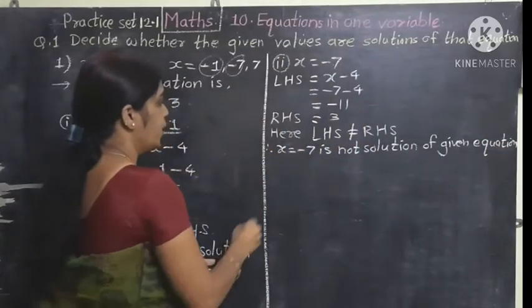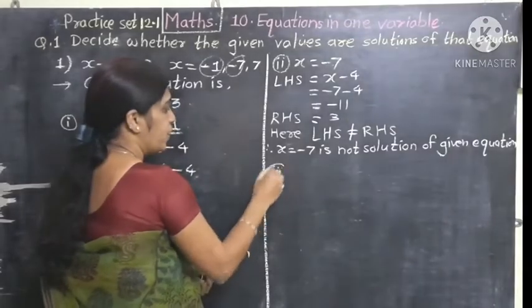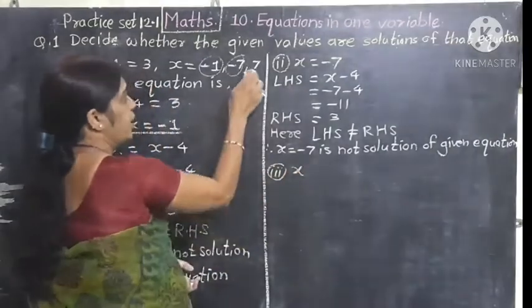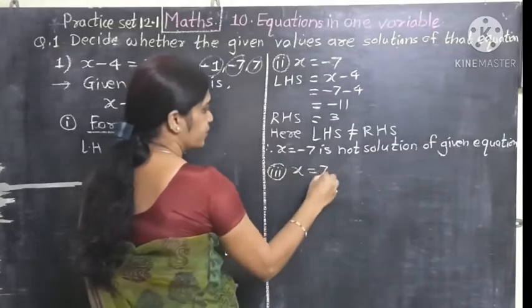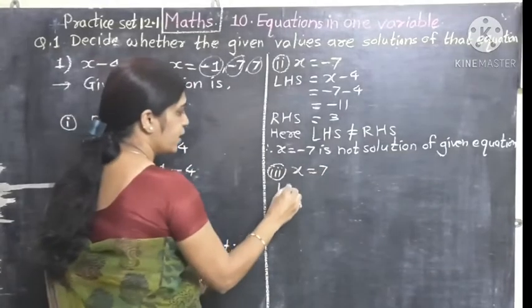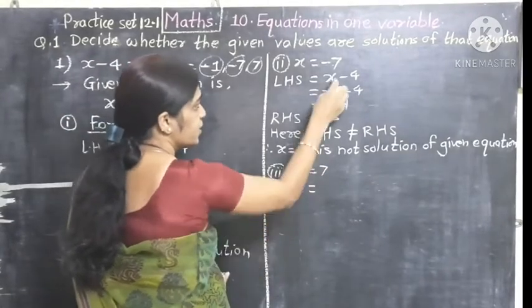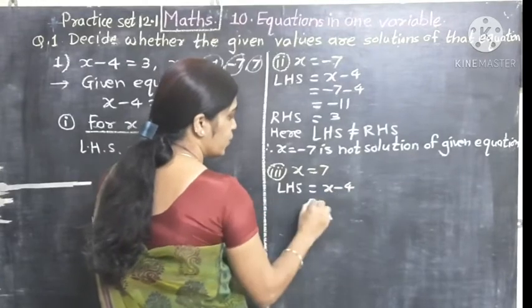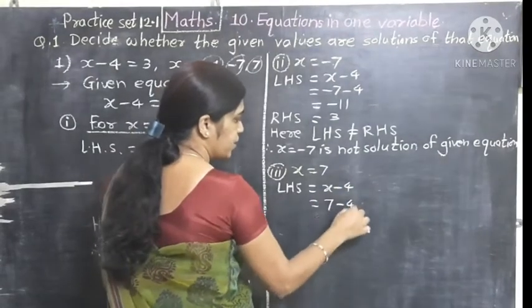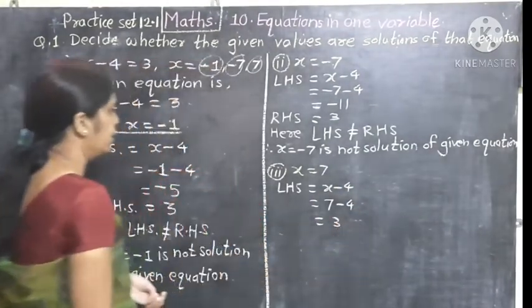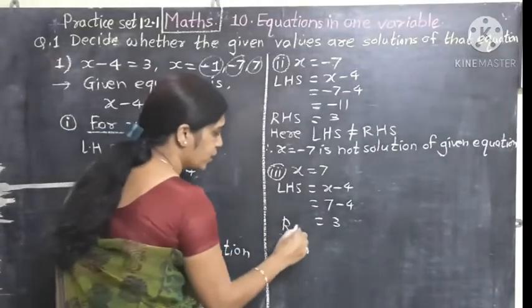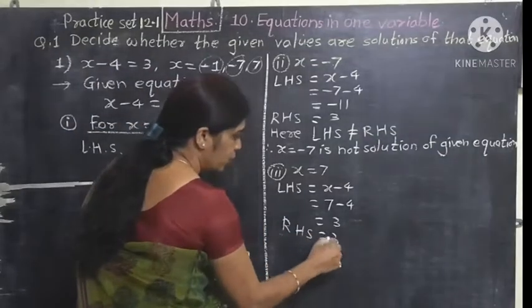Okay. Now we will try for the third, x is equal to 7. What is the LHS? First, the LHS: x minus 4. 7 minus 4 is 3. And the RHS is equal to 3.